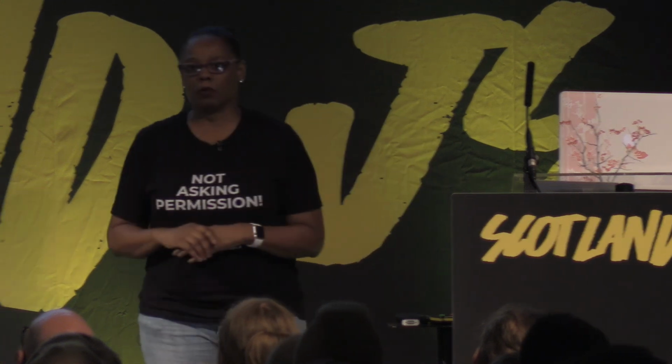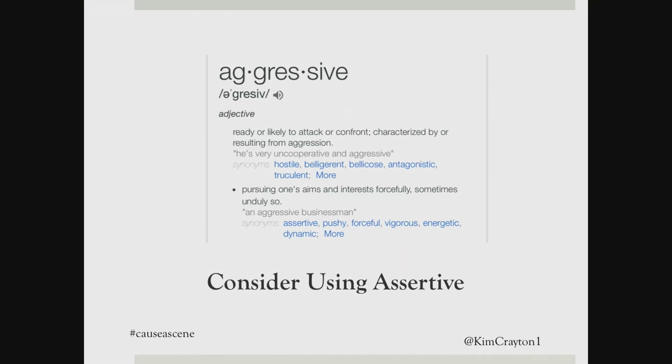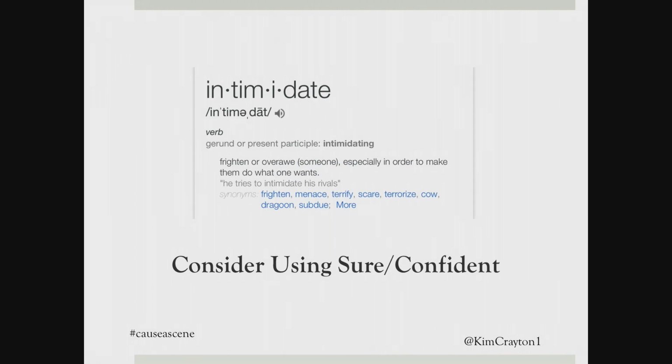Stop calling Black people, people of color, aggressive. Just because we don't agree with you, I'm not aggressive. I'm asserting my point, just as you have a right to do. Stop calling us intimidating.